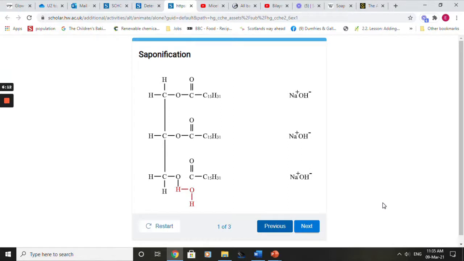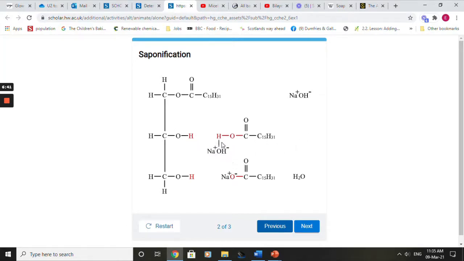Our water molecule is splitting that ester link to create the hydroxyl group and carboxyl group. The carboxyl group then reacts with the alkali to give water and the salt of that carboxylic acid. When we look at this again, I'll just talk a little bit about how that salt's formed. Again, we've got our water splitting the ester link, regenerating the carboxyl group and the hydroxyl group.